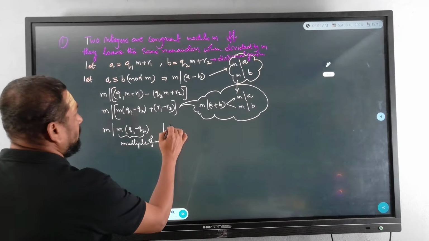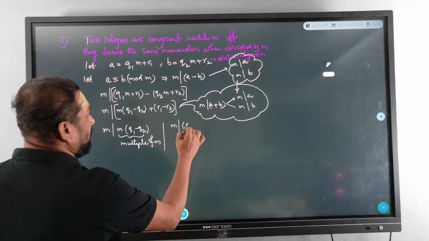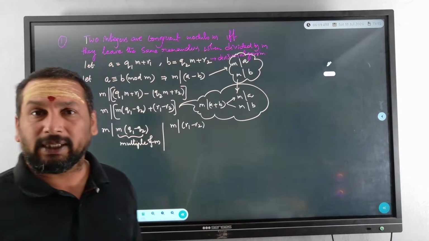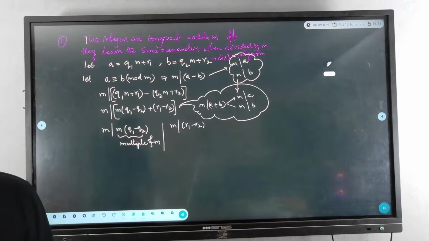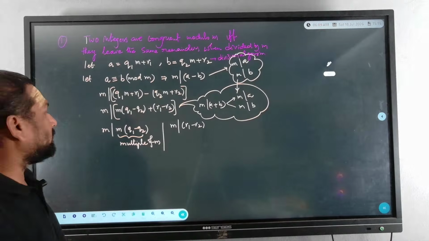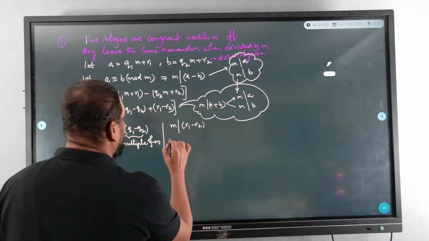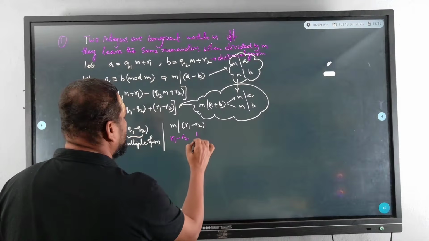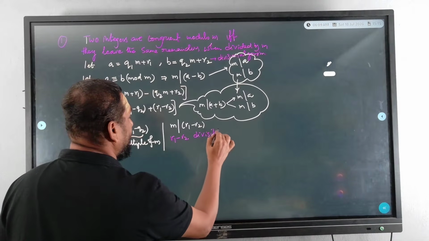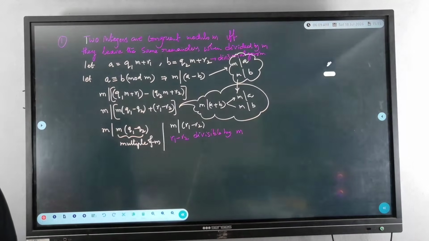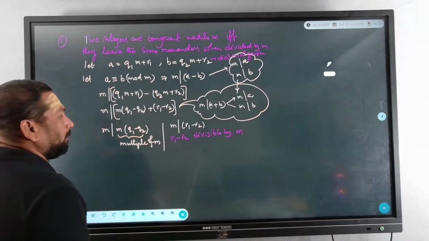And m divides R1 minus R2, which means R1 minus R2 is divisible by m.